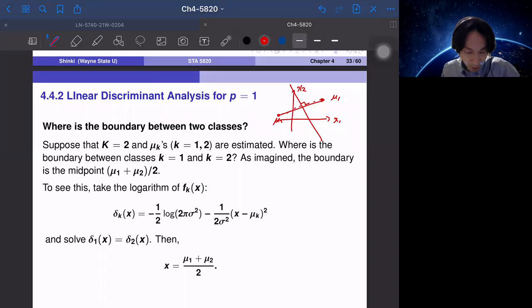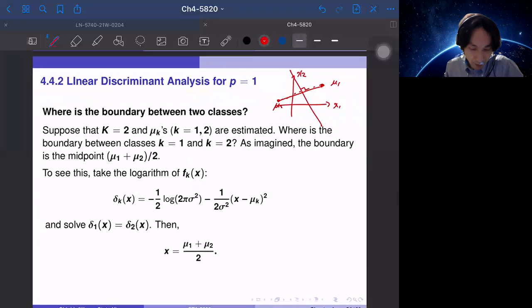So this is just the simplest case that the slide discusses. Suppose we have K equal to 2, so we have two classes and the one-dimensional case. Then the boundary between class 1 and class 2 is just the midpoint of mu1 and mu2.